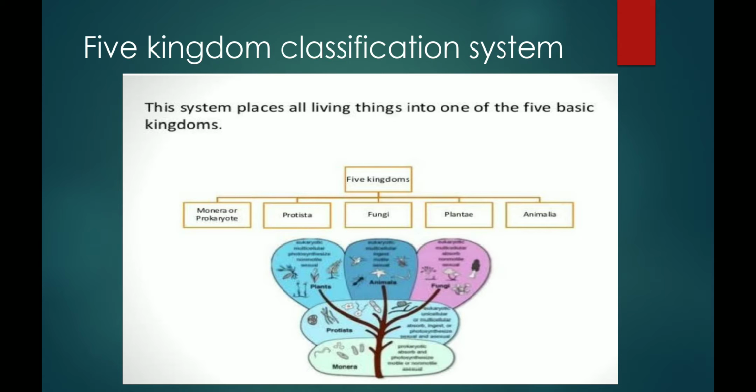It places all living things into one of the 5 basic kingdoms, that is kingdom Monera, kingdom Protista, kingdom Fungi, kingdom Plantae and kingdom Animalia. These are the 5 kingdoms.